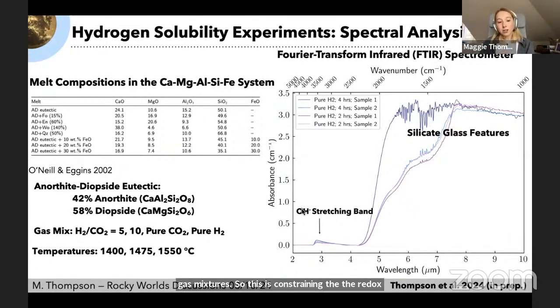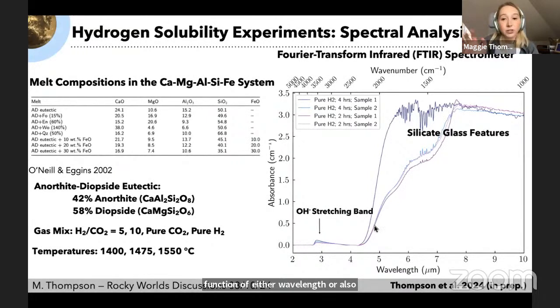And then the way that we actually quantify how much hydrogen is dissolved in these samples is we use a technique called Fourier transform infrared spectroscopy, essentially taking an infrared spectrum of our glasses. This figure here on the right is showing you what our data looks like. You're looking at infrared absorbance as a function of either wavelength or wave number, either way.